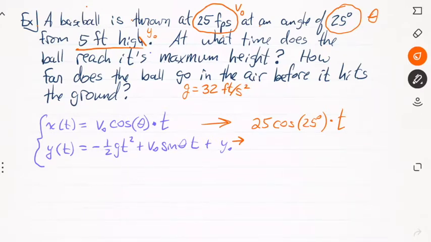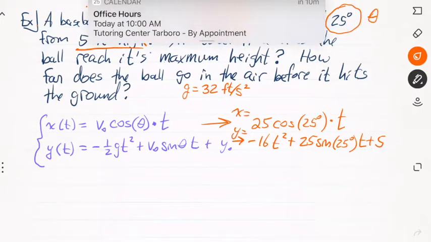All right, so then it'll be negative 1/2 of 32, so that would be negative 16 t squared. V sub 0 is 25 sine of 25 degrees times t, and then the height off the ground was 5. So we have these two equations, one of them being x, this one up here, and the other one being the y coordinate.